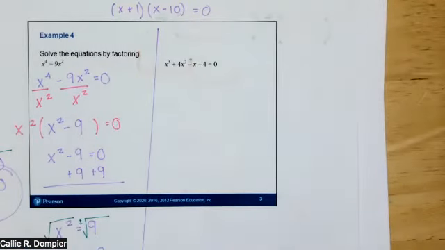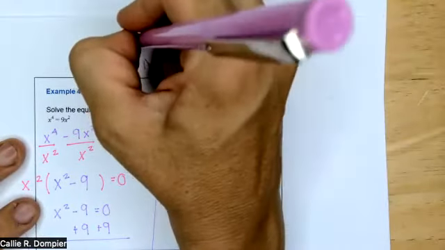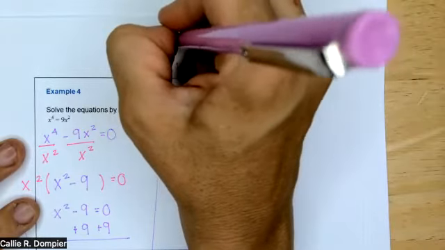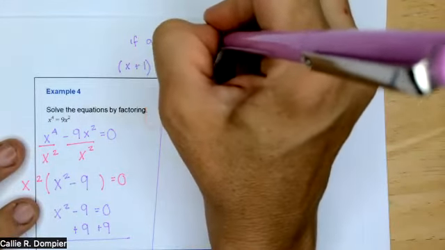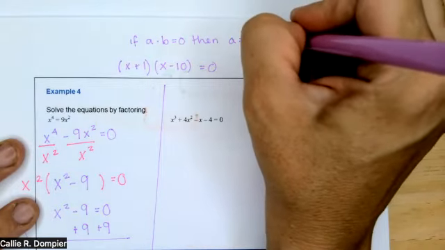Last one today is x cubed plus 4x squared minus x minus 4. And remember, that is the rule. If a times b equals 0, then a equals 0 or b equals 0.